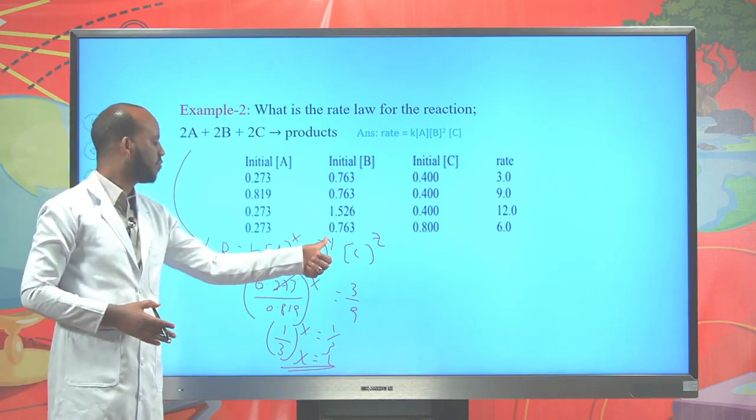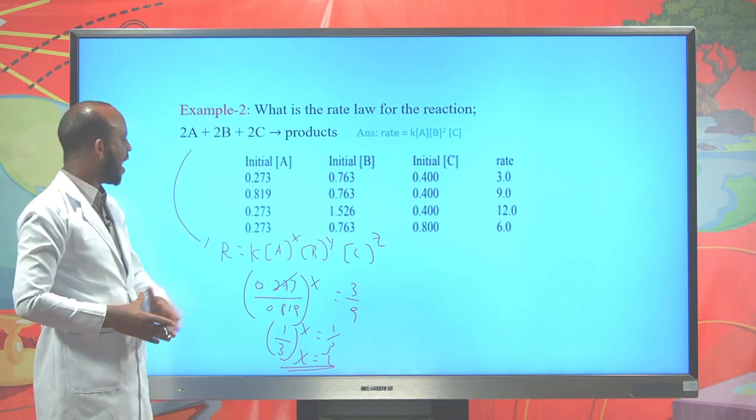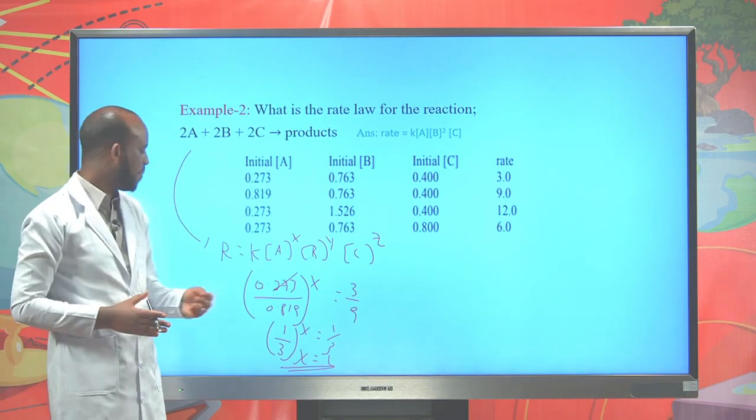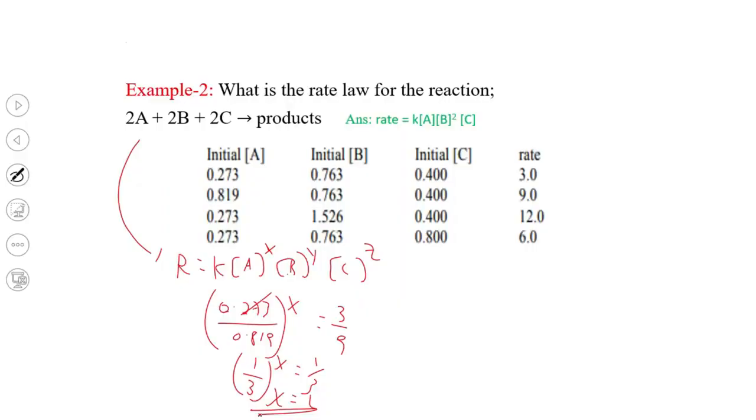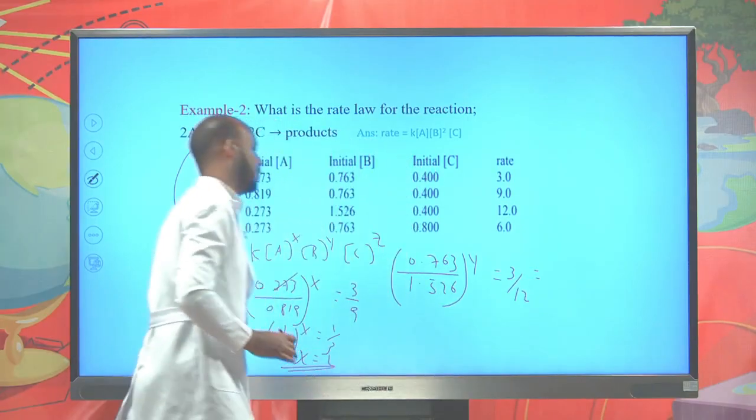To get the value of y, vary the concentration of B while keeping the concentrations of A and C constant. The concentration of A is constant, and in experiment 1 and experiment 3, the concentration of C is constant. Therefore, 0.76 divided by 1.526 to the power y equals R1 divided by R3, which is 3 over 12.